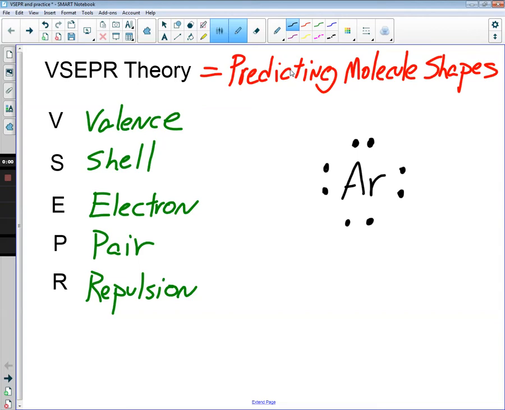Does that make sense so far? And so knowing that, we can use that to make predictions about what kind of shape a molecule is going to take.